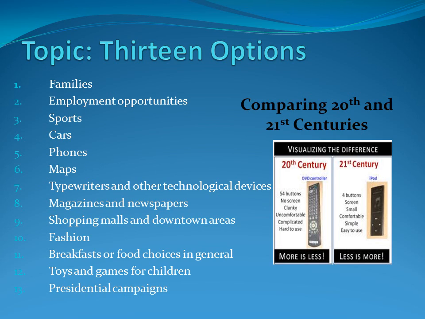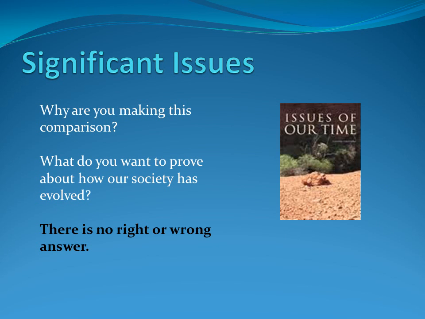You have the 13 choices, and that could be family, employment opportunities, sports, cars, phones, maps, typewriters and other technological devices, magazines and newspapers, shopping malls and downtown areas, fashion, breakfast or food choices in general, toys and games for children, and presidential campaigns. Now remember, you can't use sources in this class, so you have to choose a topic that you could write from your own knowledge and your own personal experience.